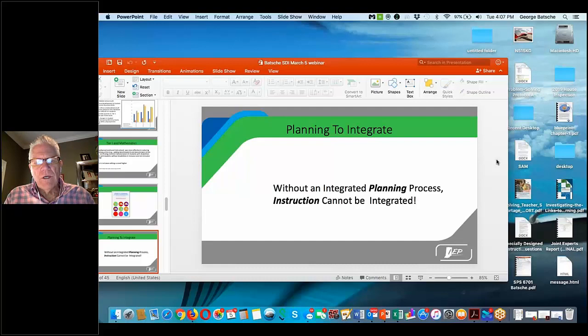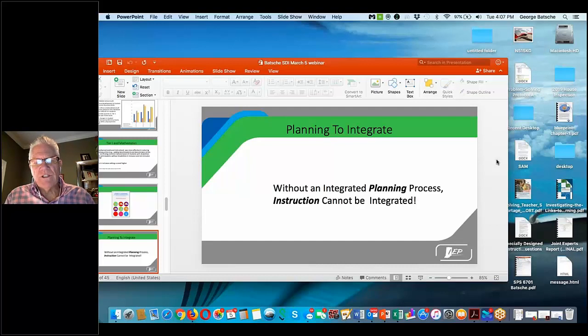That's the goal. So I'm going to quickly go through a process, but this process has some very specific activities that, if done, will make a huge difference.